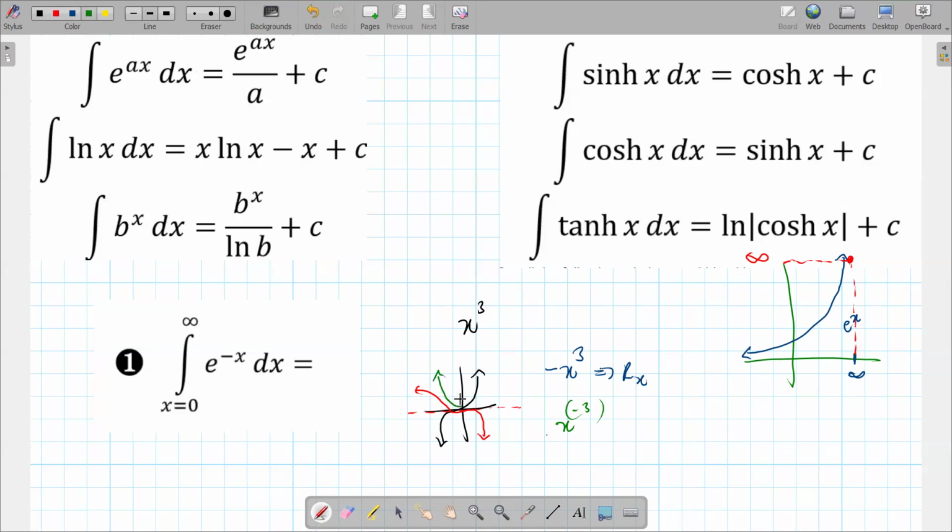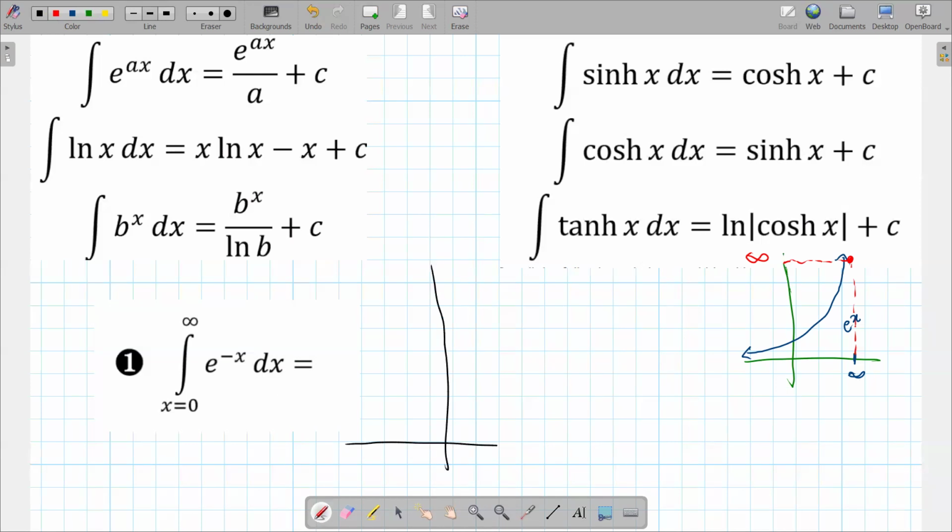So it would look like this, okay? So here, it's a reflection on the y-axis. Just think of this as your mirror plane. So e to the power of negative x looks like this. Cool?